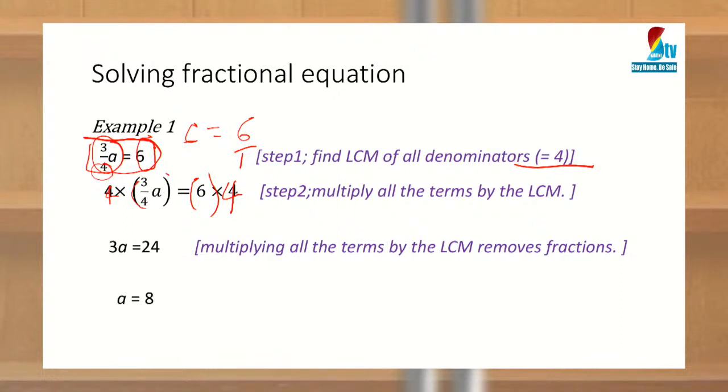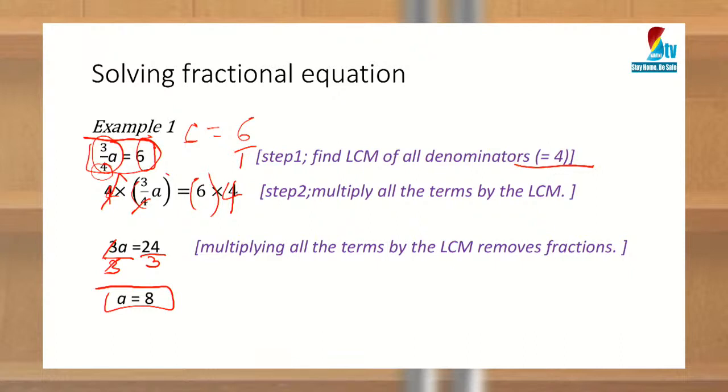Multiplying by 4 is going to simplify to 3 over 3a, and 6 times 4 is going to be 24. Now you divide by 3 both sides because you are solving an equation, and then you isolate the a. a is equal to 8.